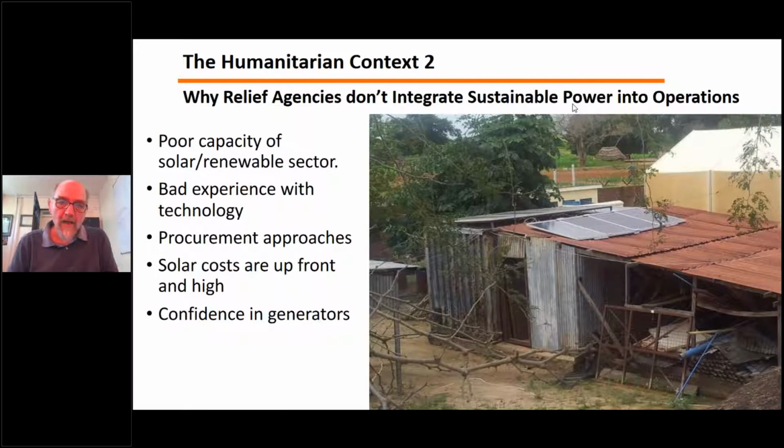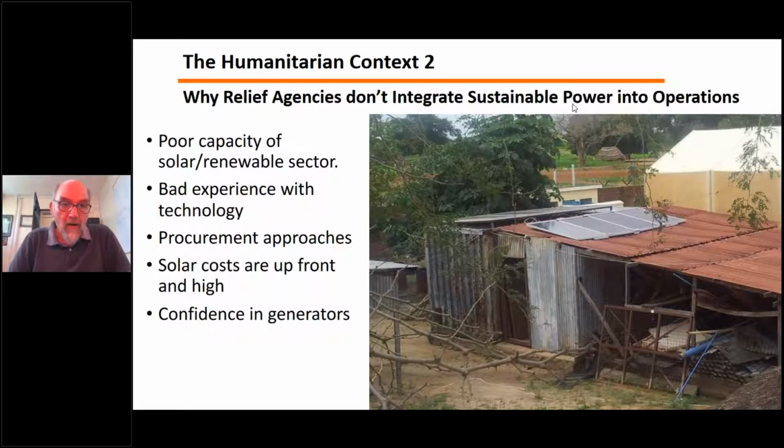As much as humanitarian agencies want to make the change, they need to be confident that the technology is going to work. And another major problem why relief agencies don't integrate sustainable power into their operation is poor capacity of solar renewable sector. So quite often, South Sudan is no Kenya.